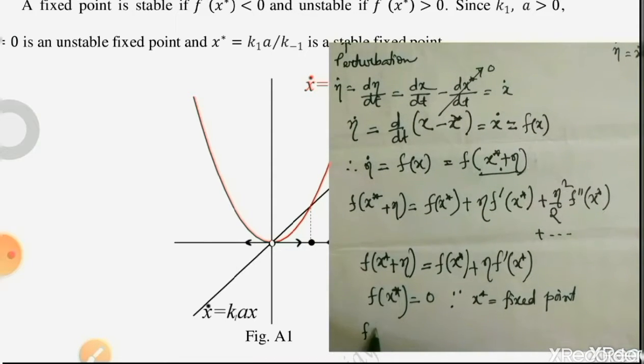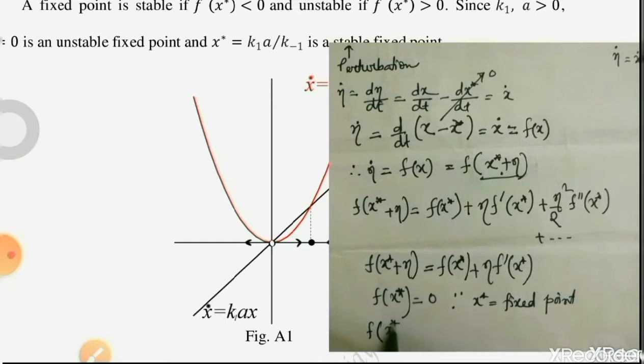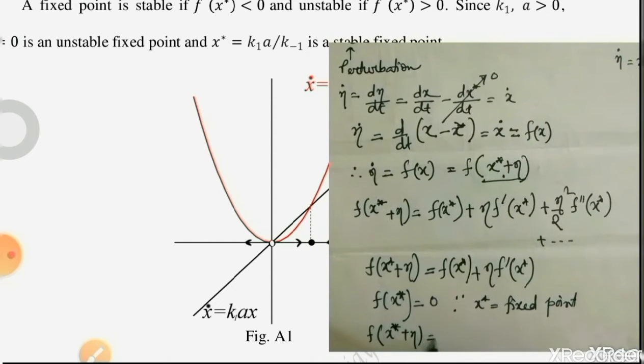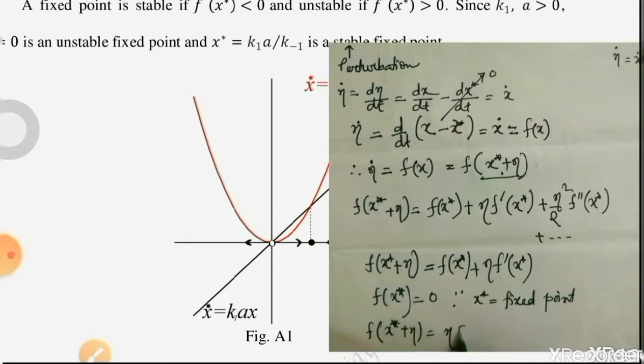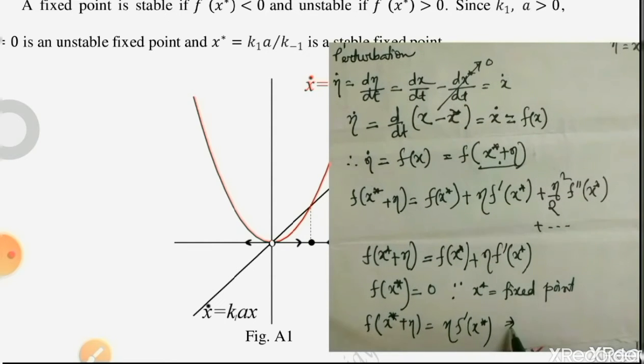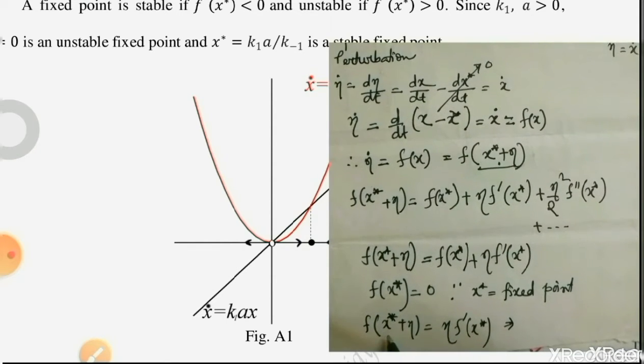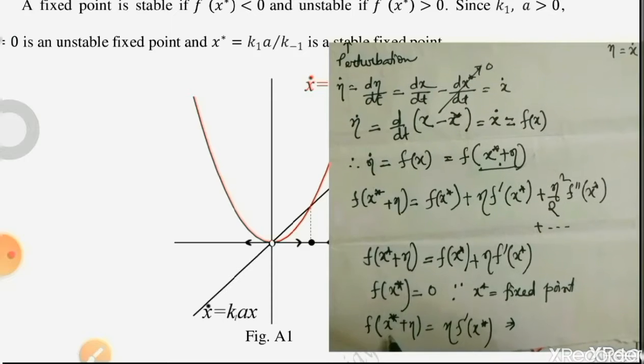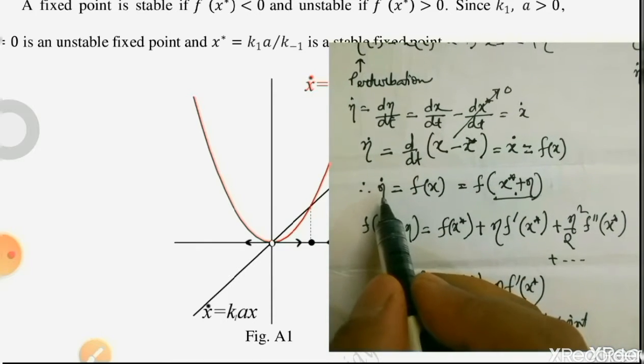Therefore f of x star plus eta becomes eta f prime x star, and this is equal to eta dot.